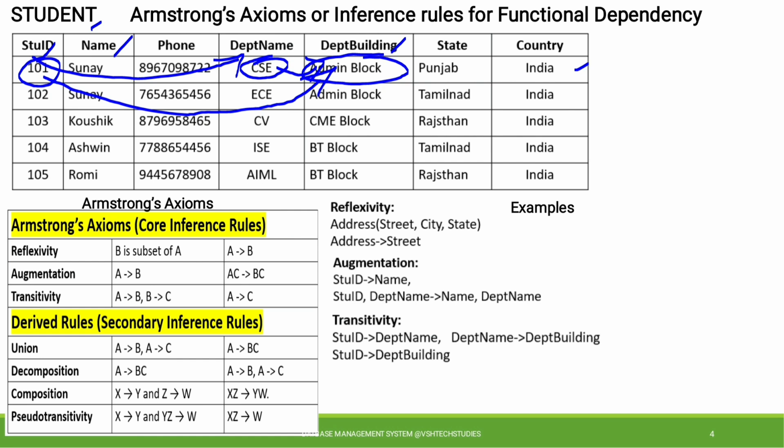That is what the transitivity rule states. According to the transitivity rule, if A determines B and B determines C, then A determines C. So student ID determines department name, department name determines department building, hence student ID determines department building. To apply the transitivity rule, two functional dependencies are required.